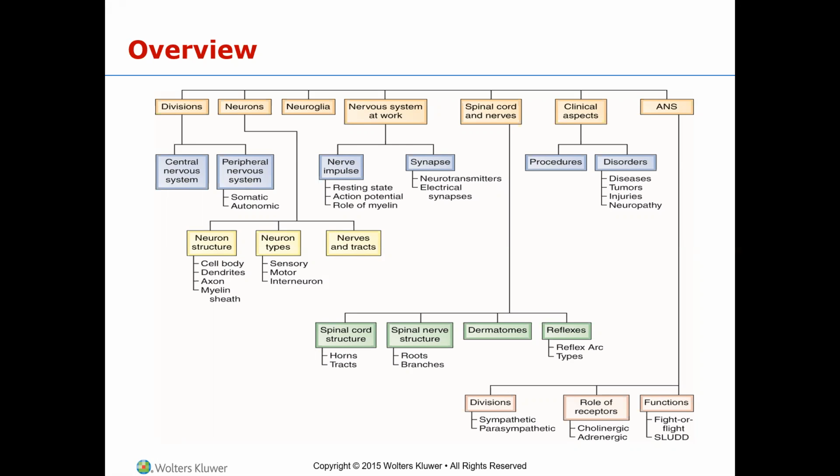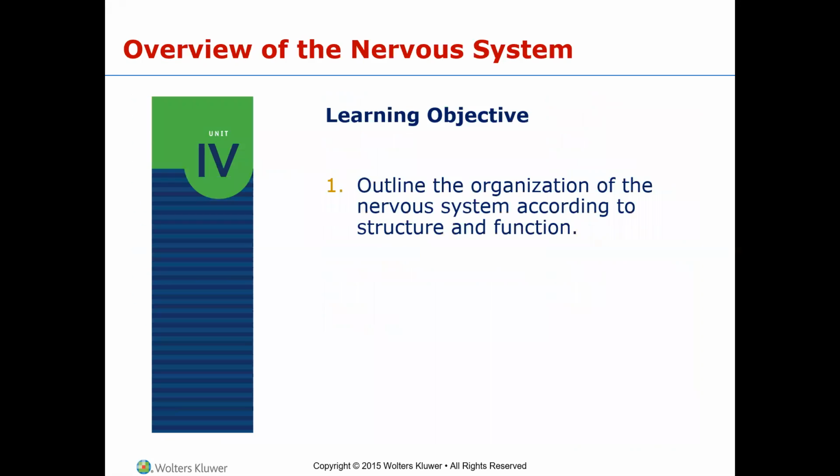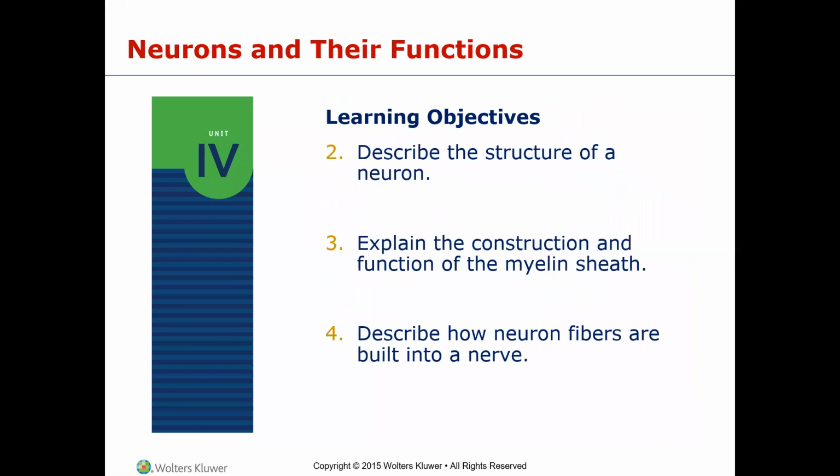So let's get started. Some of the key terms and some of the outcomes. So when we look at this, we'll of course know the outline of the organization of the nervous system according to structure and function.